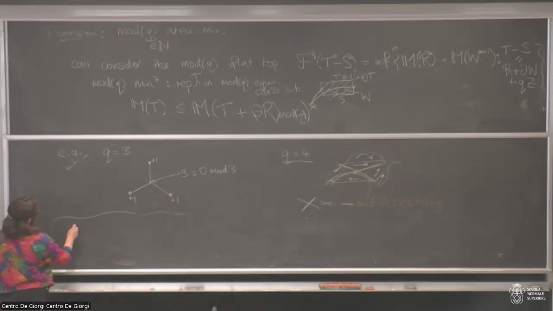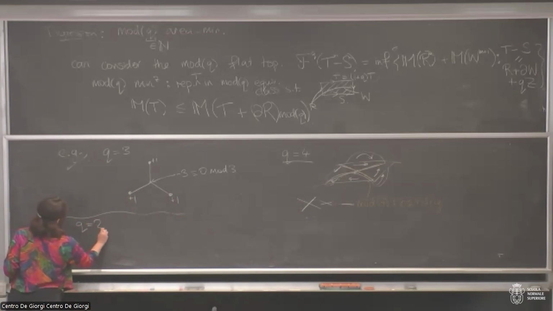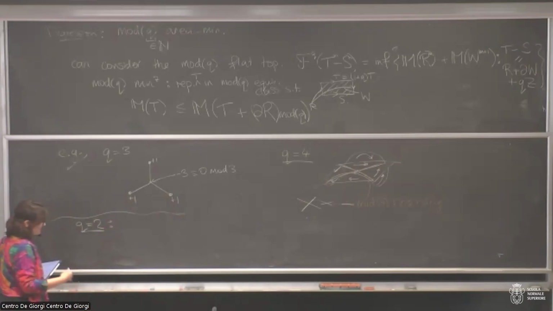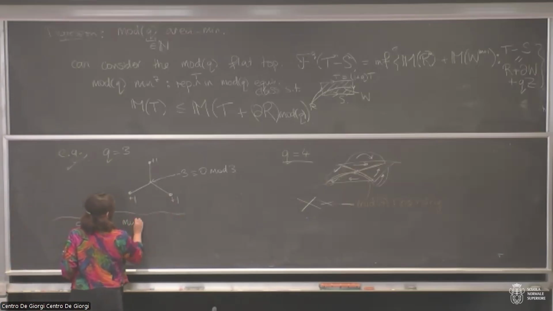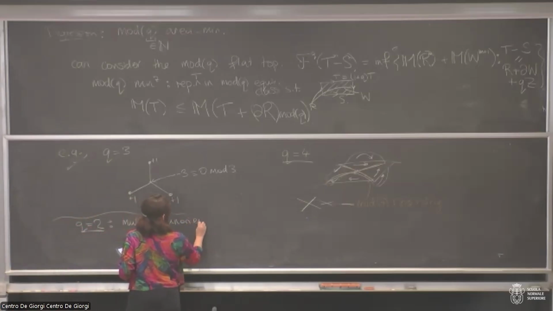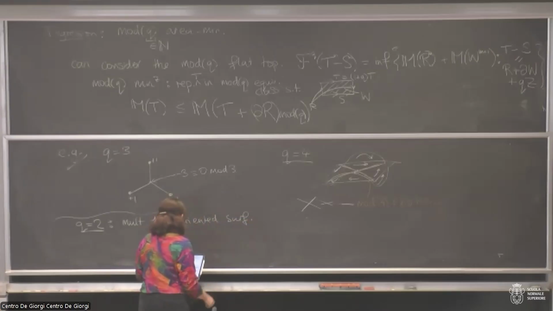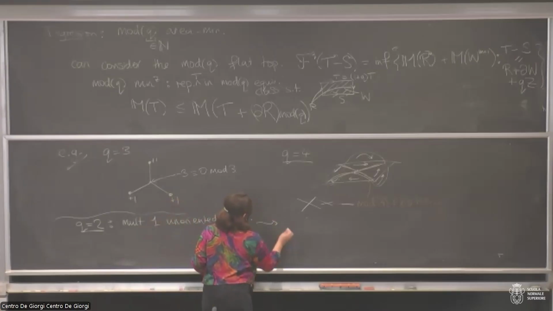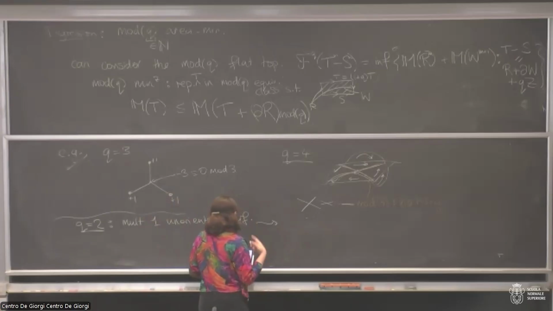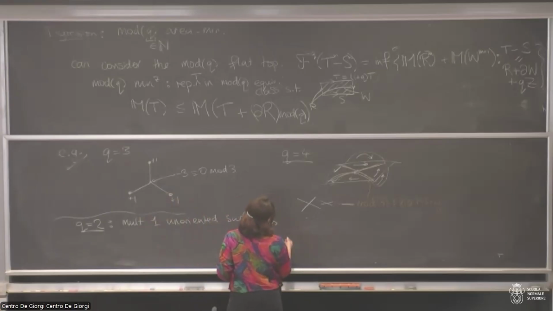Firstly, there's the easy case, which is Q is 2. This is just multiplicity 1 unoriented surfaces, which means that you don't have branch points, you just have the n-1, n-2 stratum.